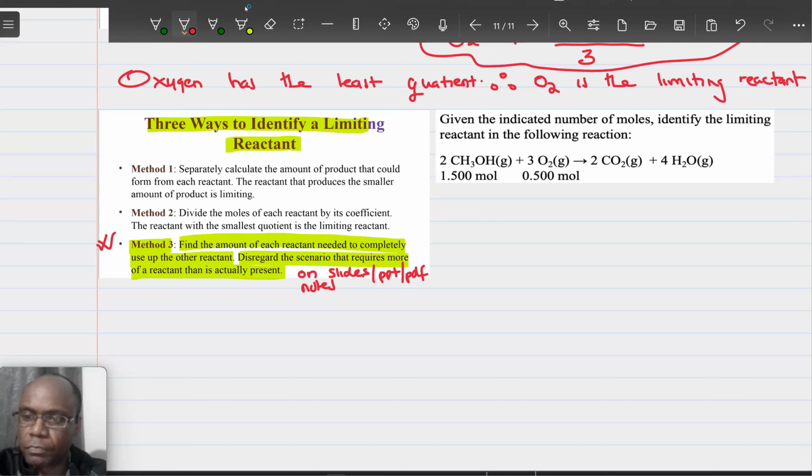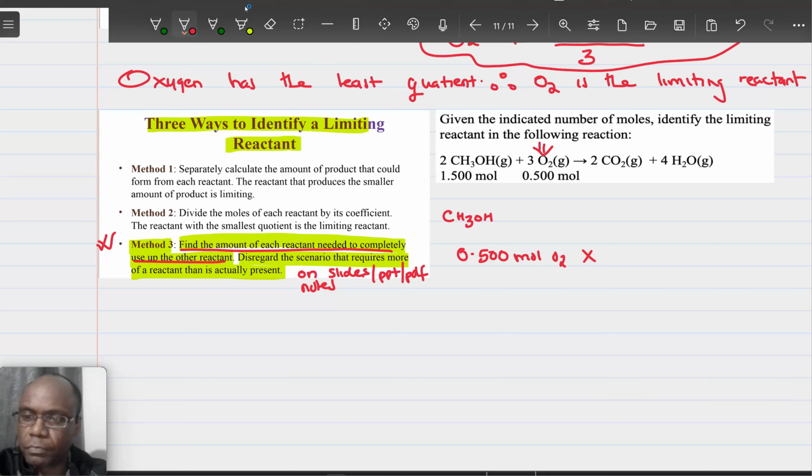So now let us test how much methanol is needed to completely consume the oxygen. If I'm testing for methanol to see how much is needed to completely consume the oxygen, which is what you're asked to do, I'm going to take my oxygen and assume that my oxygen is completely used up. Multiply by their ratio.